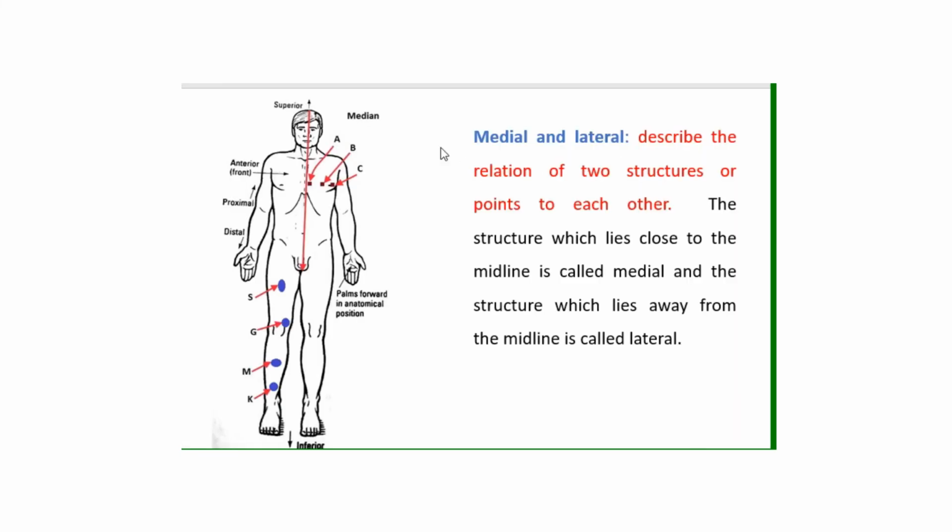While medial and lateral describe the relation of two points or two structures to each other. The point which is nearer to the midline is medial to that which is away from the midline.